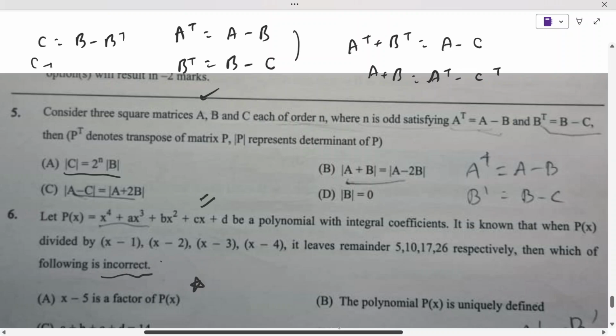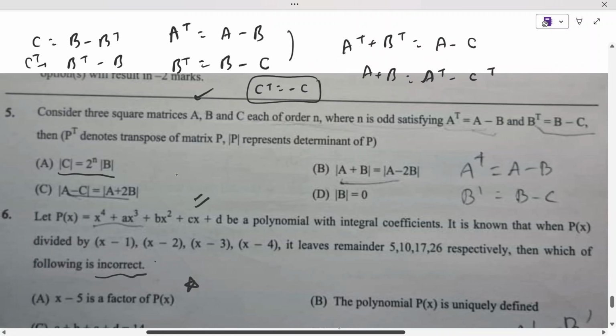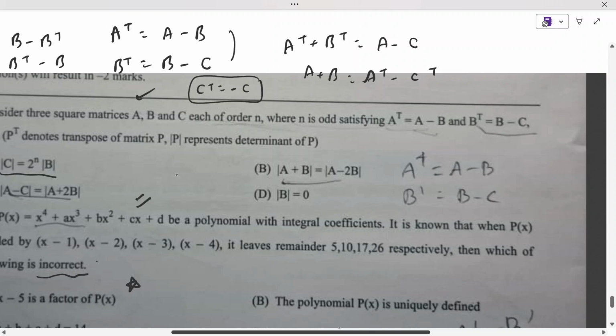So C transpose is B transpose minus B. So C transpose will be equal to minus C. Then C is skew symmetric, so the determinant of C will be 0 itself. So C is skew symmetric, okay?